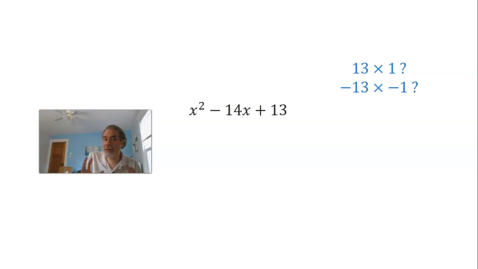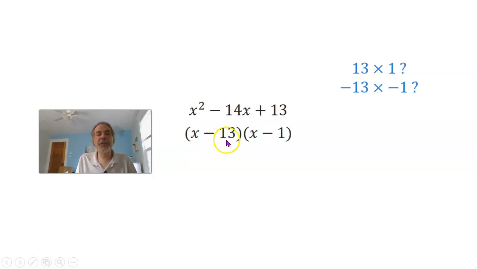Because remember, a negative times a negative comes out positive. And that's the one we want, because we'd have to have a negative 13 and a negative 1 to add up to negative 14 in the middle. So the factoring is x minus 13 times x minus 1. FOIL that out, you get x squared minus 14x plus 13.